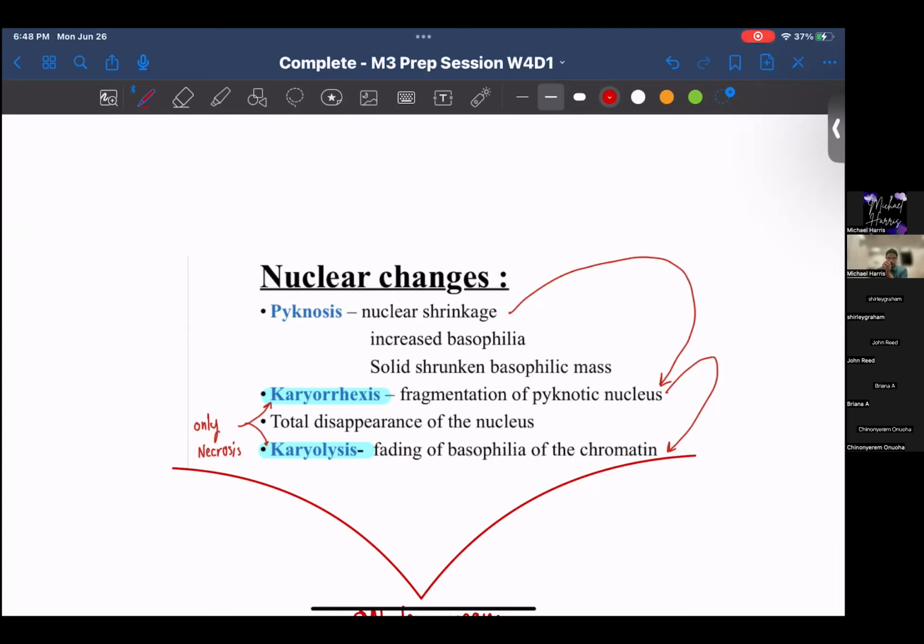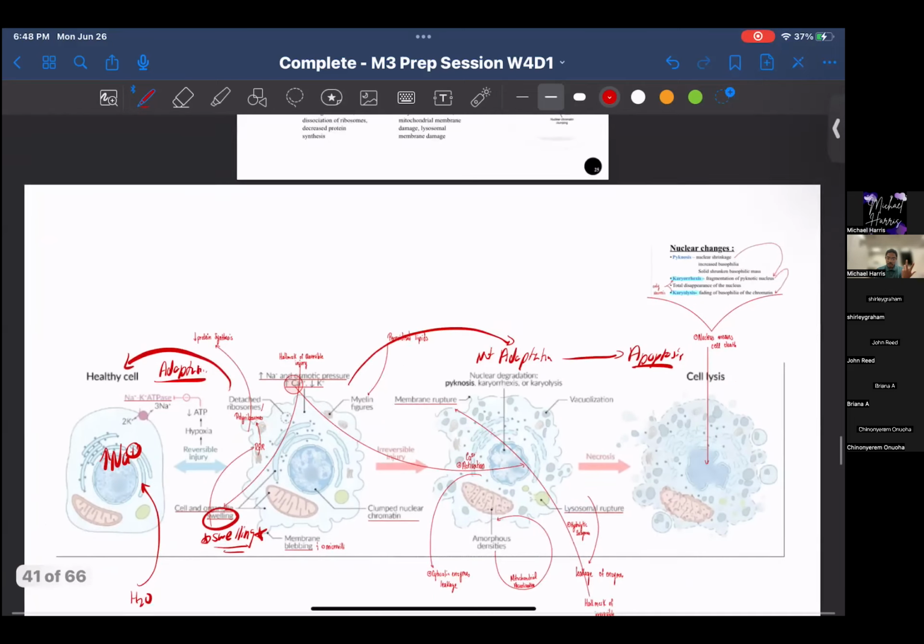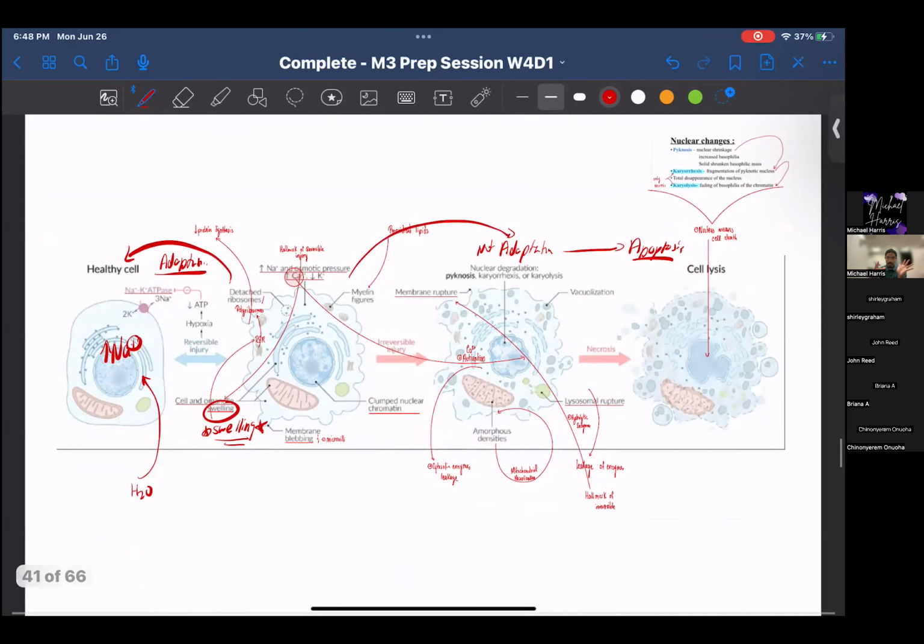Okay? So here the nucleus shrinks. This is pycnosis, and then it will break into fragments and then finally fade away. Okay? That is the presentation of apoptosis.